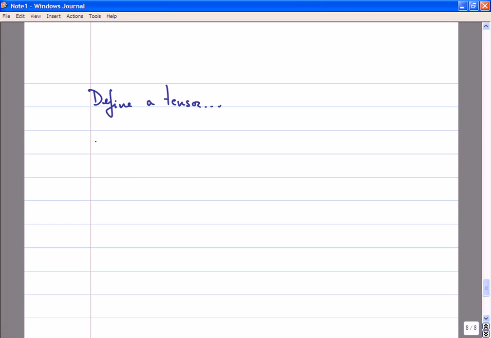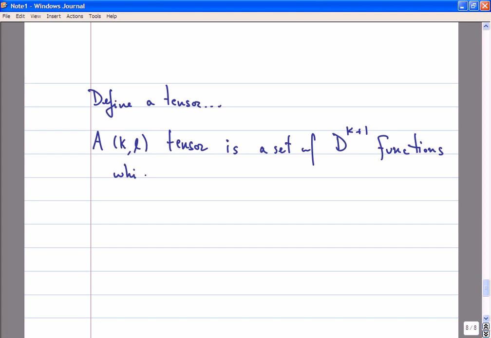A (k,L) tensor, where k and L are non-negative integers, 0, 1, 2, and so forth, is a set of d to the k plus L functions which could be written in a given coordinate system as T^{mu_1 ... mu_k}_{mu_1 ... mu_L}, which transform as follows.